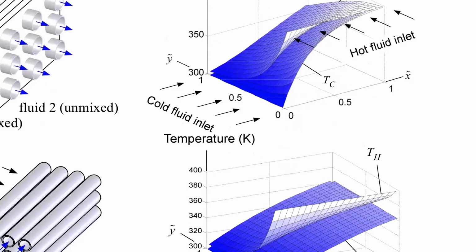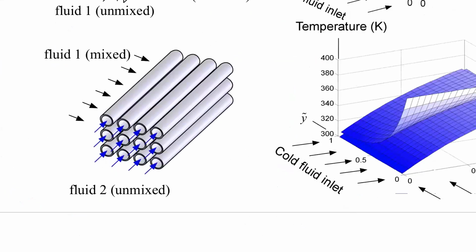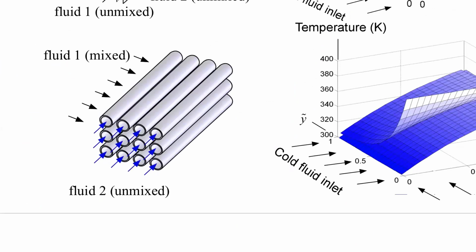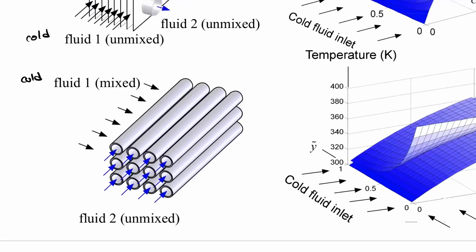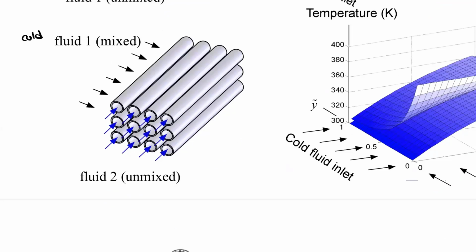If it's mixed, however, let's look at this example now. So now let's say my cold fluid is here. This one here was cold. So my cold fluid comes in, and I'm going to make the assumption that as I'm going over the tubes, there's enough going on there that the fluid is perfectly mixed. It's maintaining a uniform temperature as a function of, say, this direction.